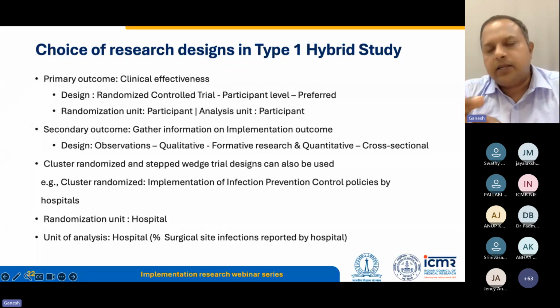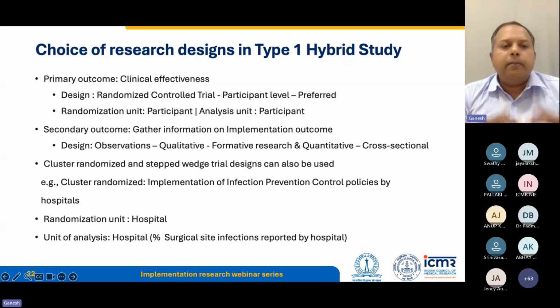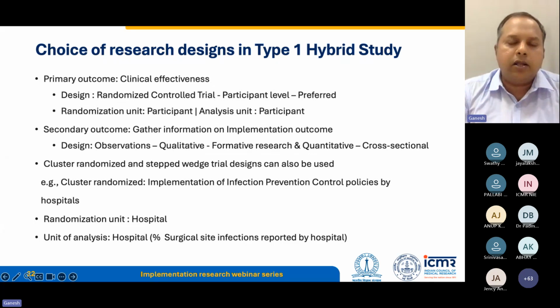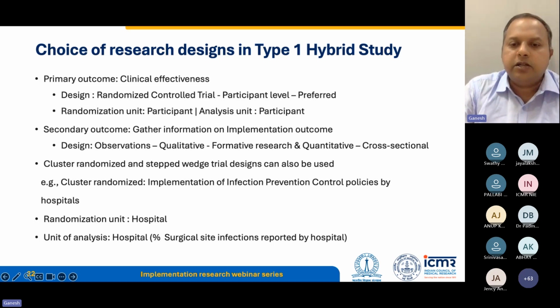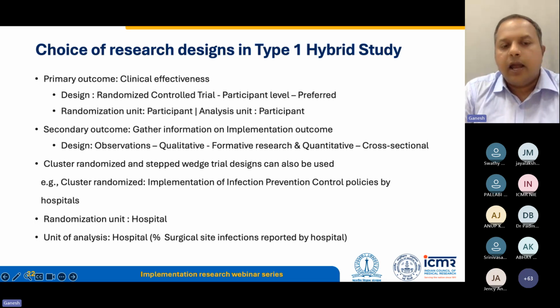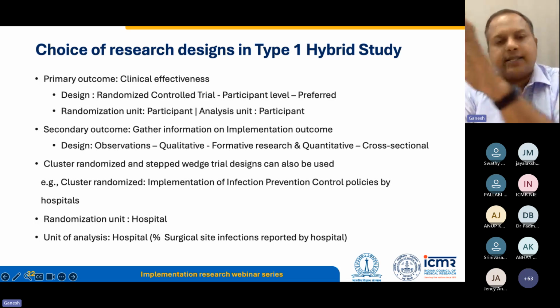In a cluster randomized design, I give a simple example, not to go broader. Take the implementation of infection prevention control policies by hospital. The randomization unit is hospitals, where some hospitals have adopted infection prevention control policies through, say, a specific strategy, and some hospitals have not, which act as controls.